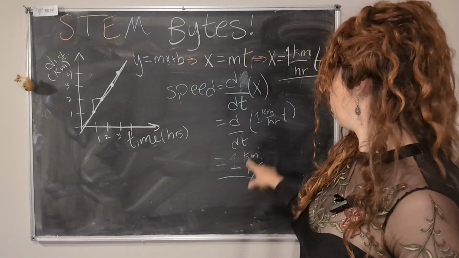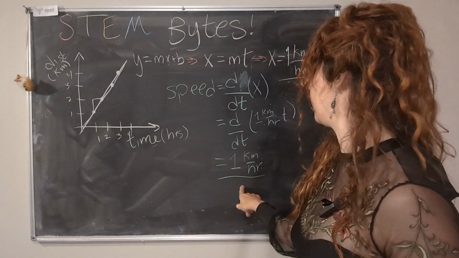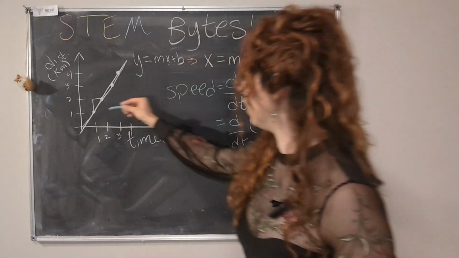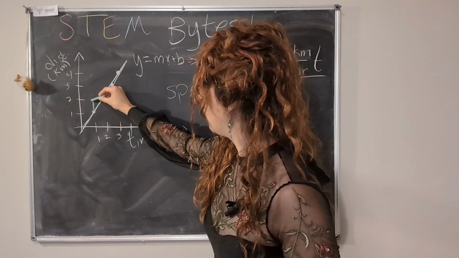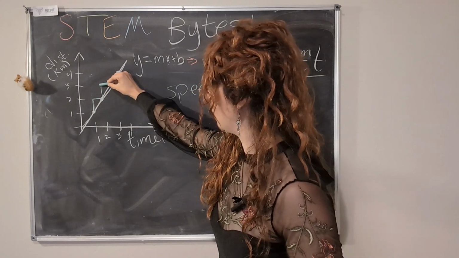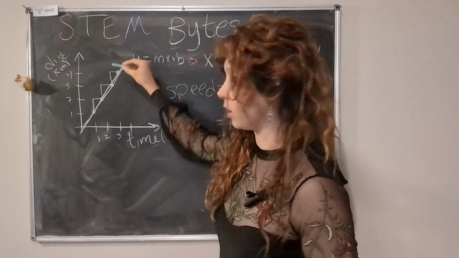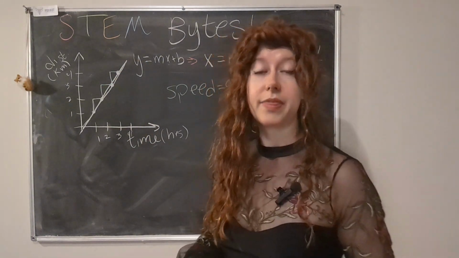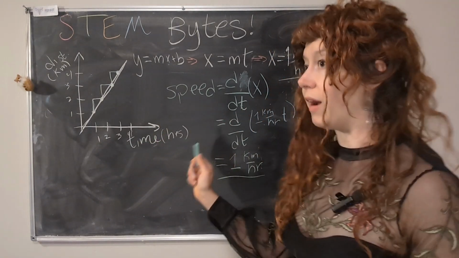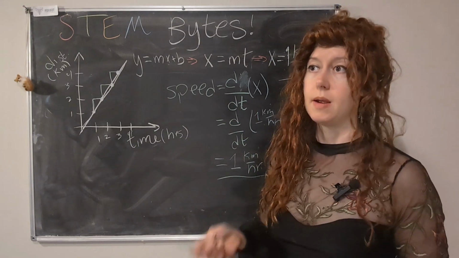And so you really wouldn't necessarily need calculus to calculate the rate of change of a line, because you can just look at it and say, okay, well, I know that every kilometer, it's been an hour. Every kilometer, it's been an hour. And so you can say, okay, that means that my rate of change or my speed is 1 kilometer per hour. So you don't necessarily need to do calculus.